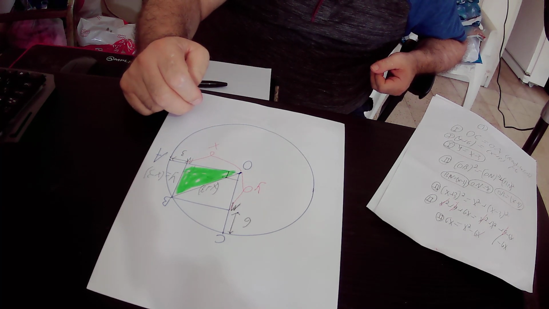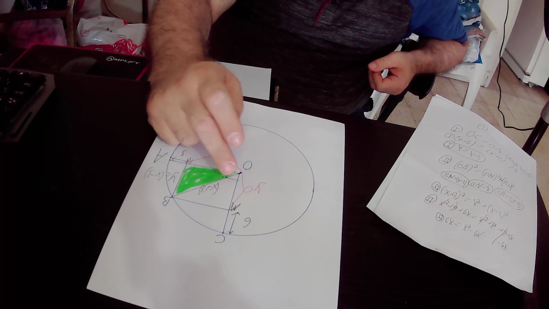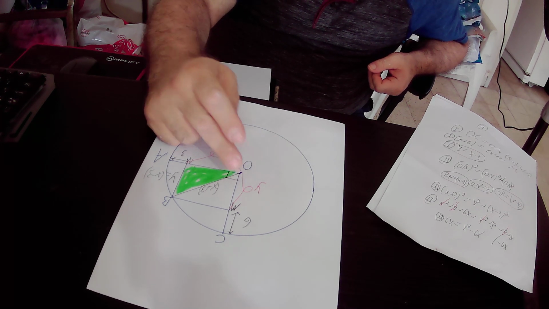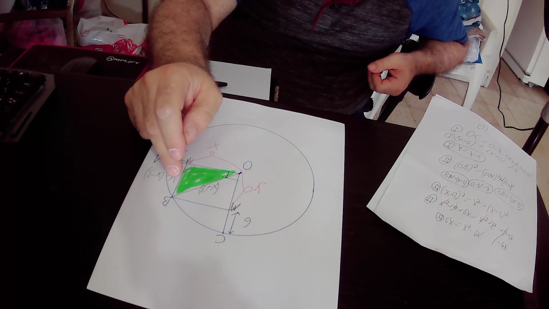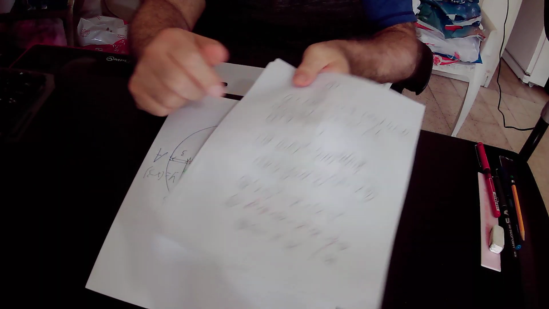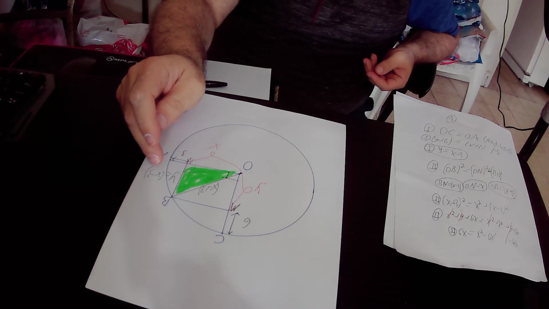And in a rectangle the parallel sides are equal to each other, so if this side is Y, this side is also Y. But we know that Y equals X minus 3.